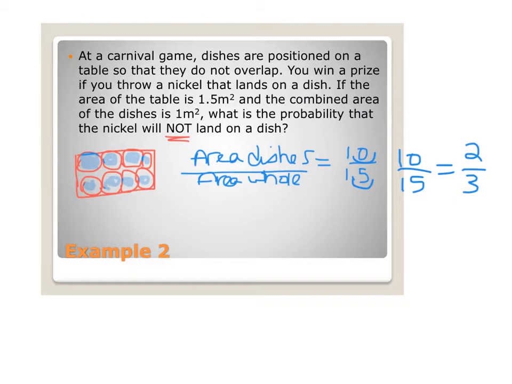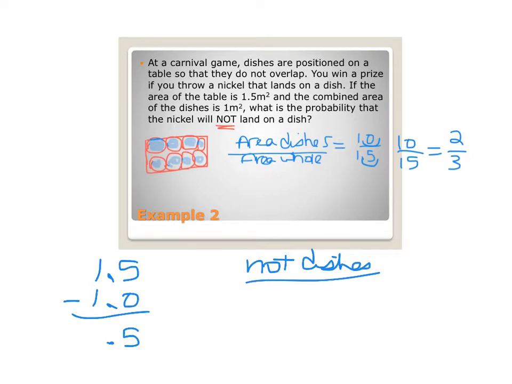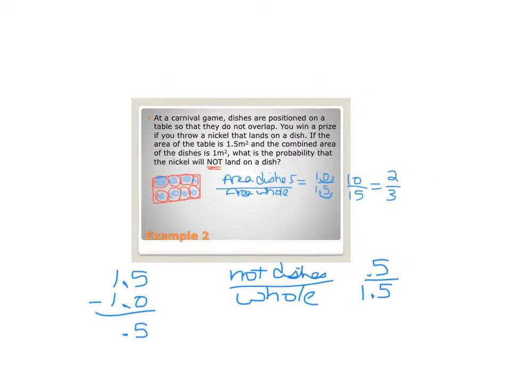But the question said not landing in the dish. So if I know the total area of the table is 1.5 and the dishes are taking up 1 meter squared, I could subtract it. The area that's not the dishes over the whole thing would be 0.5 over 1.5. Then I would simplify that.